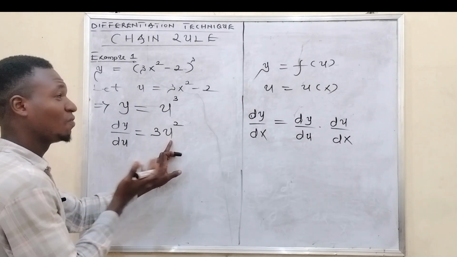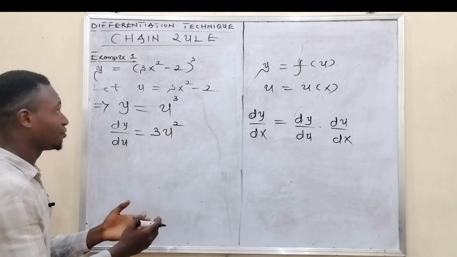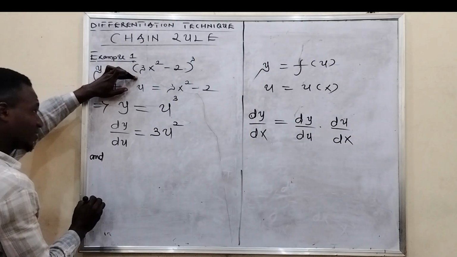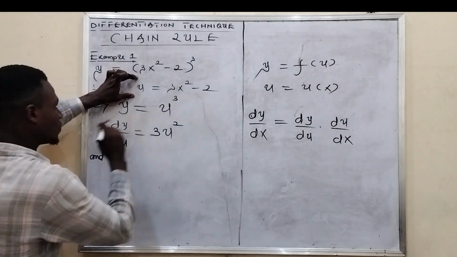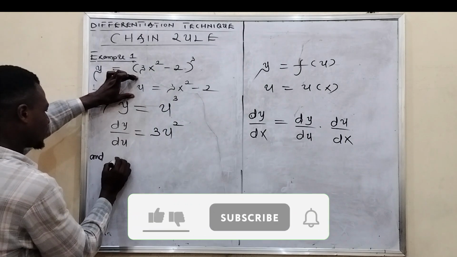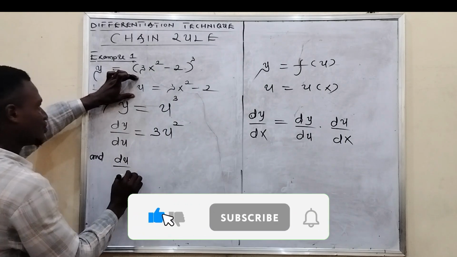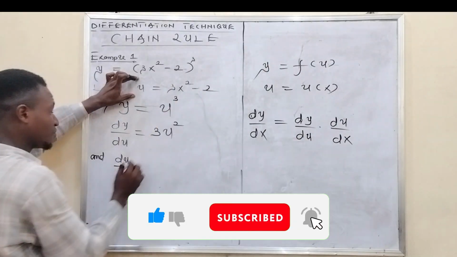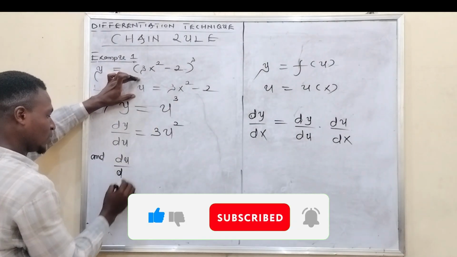Since u is a function of another variable, how do you differentiate it? We have to differentiate u, so differentiating u, we have du with respect to what variable? The variable we have here is just x. So we are differentiating u with respect to x.